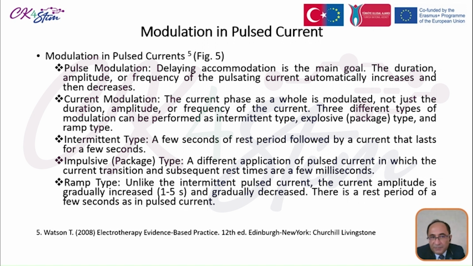In impulsive type modulation, it is a different application of pulse current in which the current transition and subsequent rest times are a few milliseconds. In ramp type, unlike the intermittent pulse current, the current amplitude is gradually increased. It can be 1 to 5 seconds and gradually decreased. There is a rest period of a few seconds in pulse current as well.